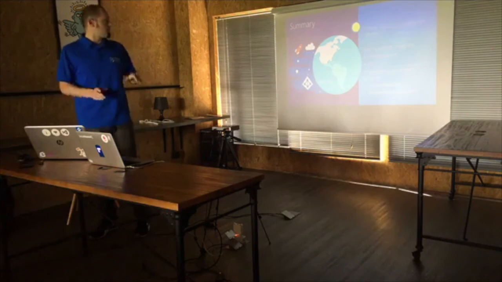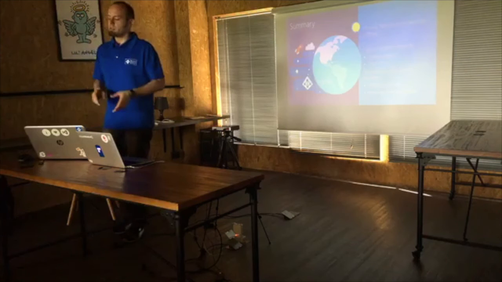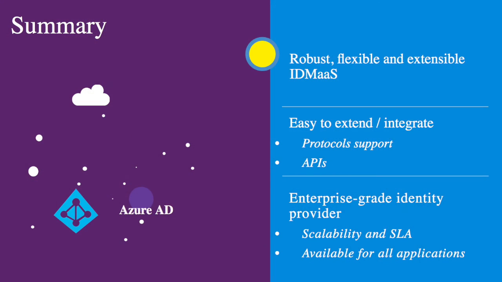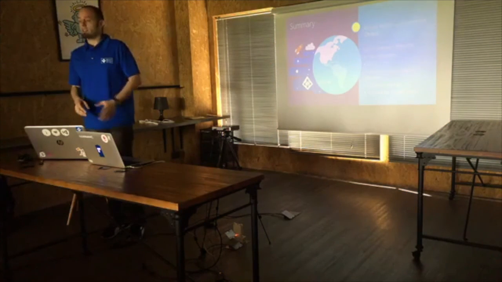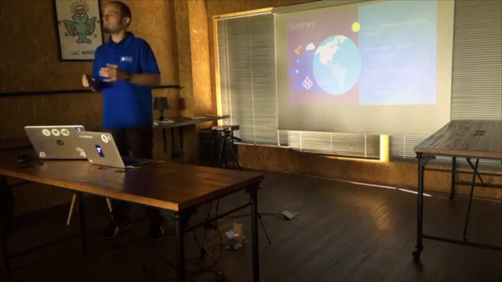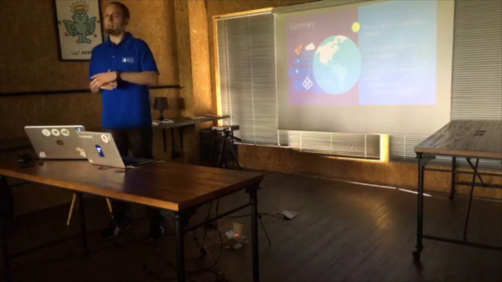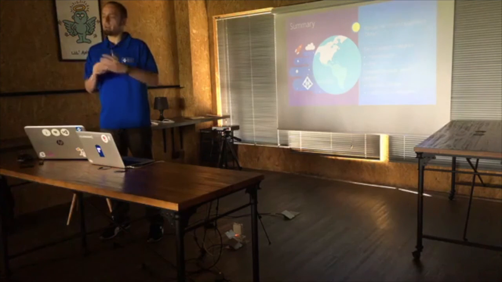We talked about Azure AD, that is very robust, flexible and extensible identity management as a service provided by Azure. And remember, this is the backend for every Office 365 installation. It's very easy to extend it, as you've seen, and to integrate because it supports a lot of different protocols, and there is a very comprehensive set of APIs.